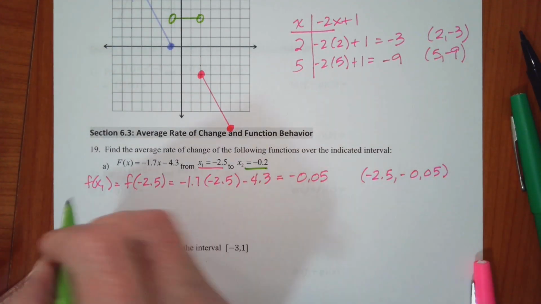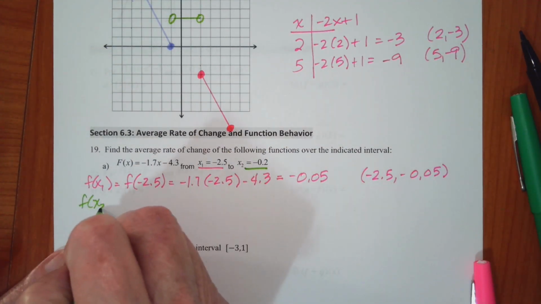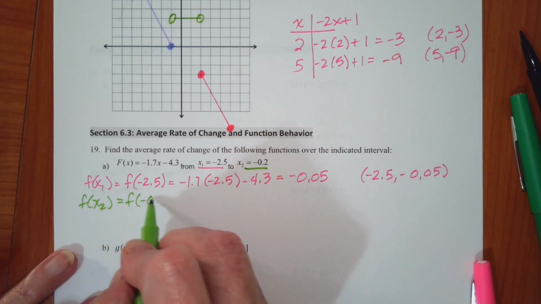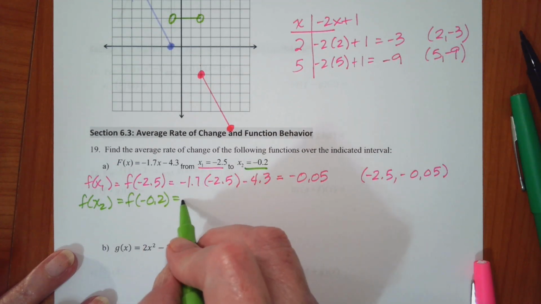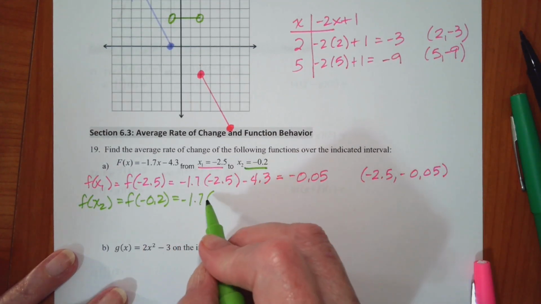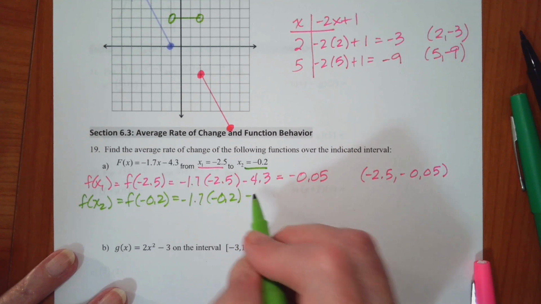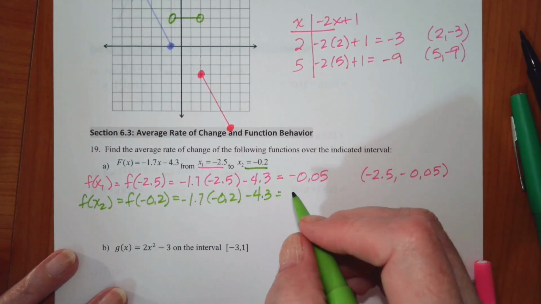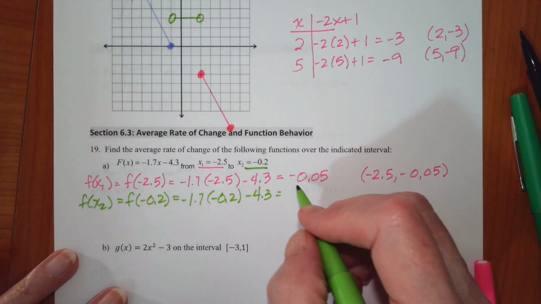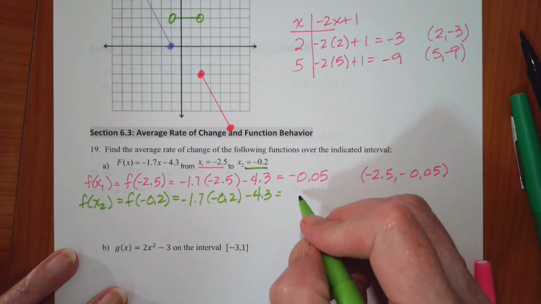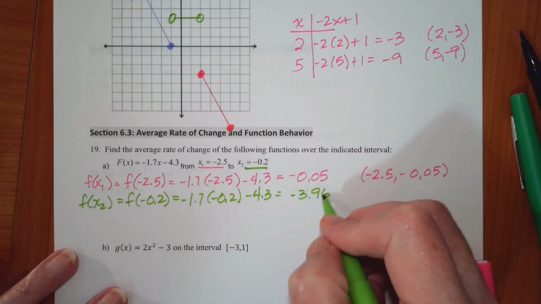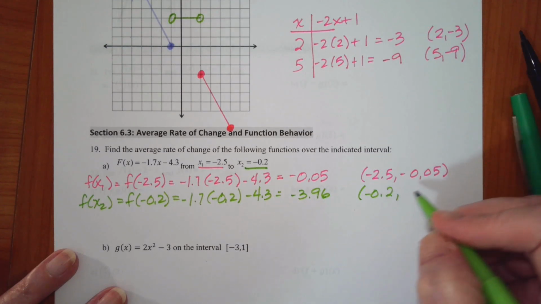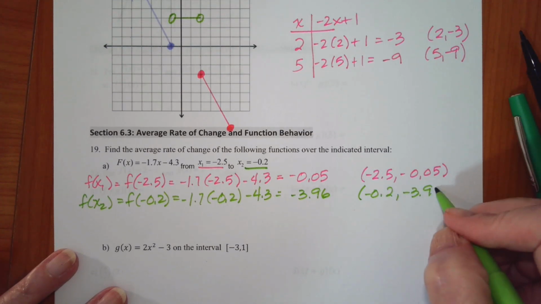Then I'm going to find f of x2, which is f of negative 0.2, or negative 1.7 times negative 0.2 minus 4.3, which is negative 3.96. So that gives me the point negative 0.2, negative 3.96.